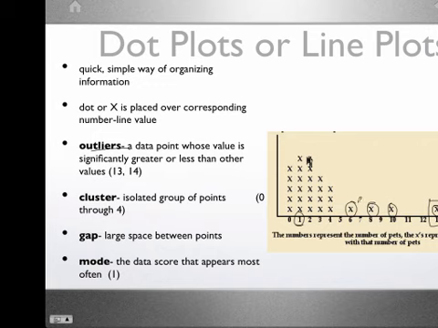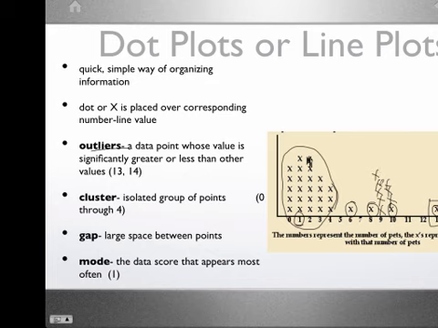A cluster would be something to the effect of this, right in through here. All of these are clustered together, and typically you'll have a cluster perhaps that looks like this, or maybe you'd have something like a cluster over here where these are all together.